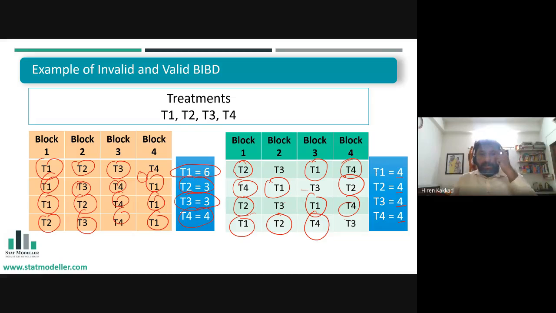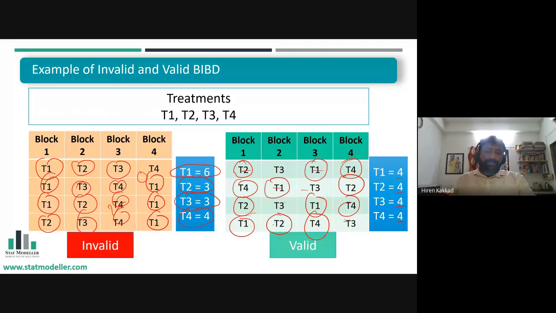Here you might be thinking that it is a kind of RBD where all the treatments are there. But if you are eliminating some of the treatments due to some physical constraint, then it becomes a BIBD. So this is invalid, and this is a valid design, you can say.